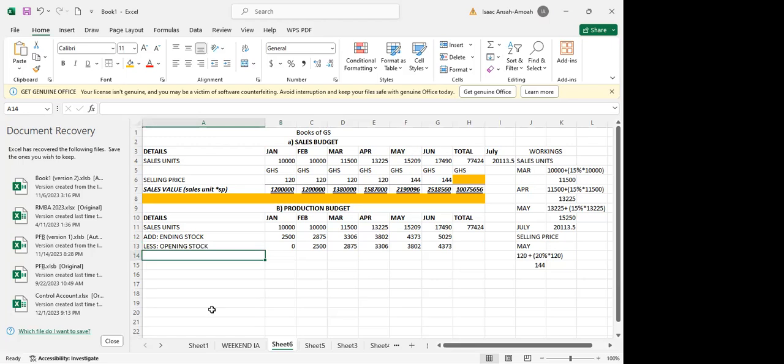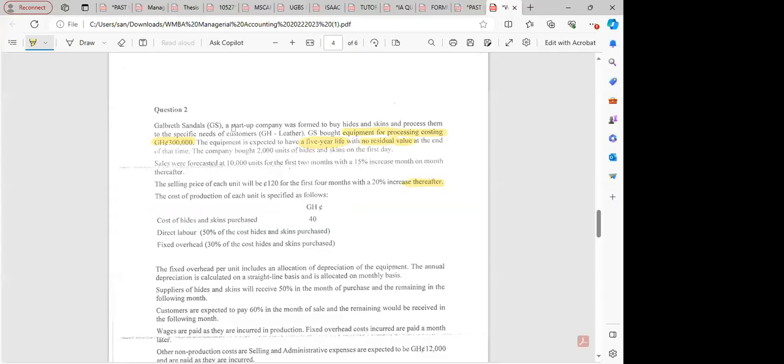How are we supposed to know that? Okay, so it's right in the question. It's here. It says that it's a startup company, that never existed before.